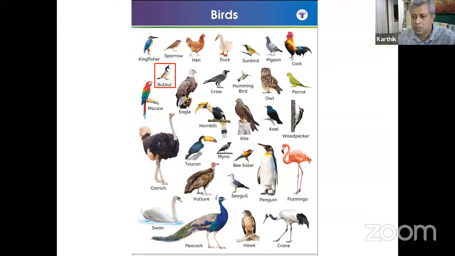A small bird, colorful bird, and it is found almost everywhere in our country. Bulbuls. And bulbuls are about 24, 25 species in the country, and many of them are found only in India. One such species is the yellow-throated bulbul.